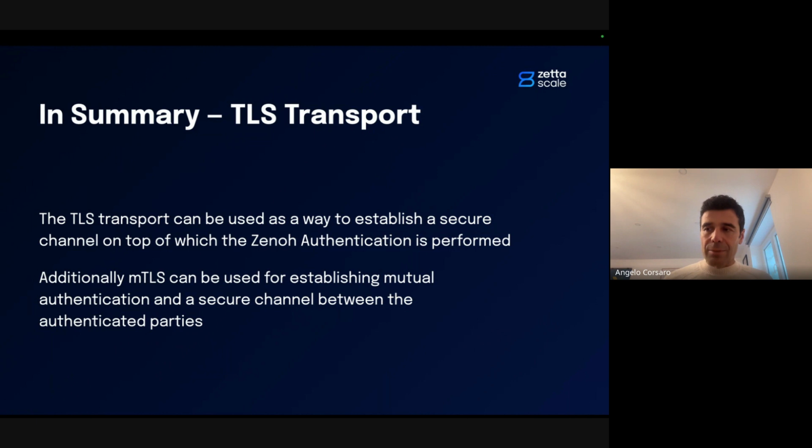Second point. In terms of Zenoh QoS, our experience is that when running over a wider network, you are better off using either TCP or QUIC. And plain UDP, we have not seen many.